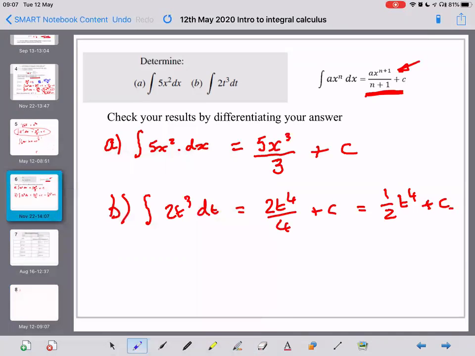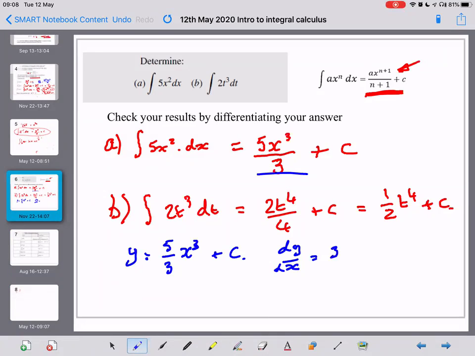We've got a function. This is the answer. So we've got y is equal to 5 over 3 x to the 3 plus c. When we differentiate, so dy by dx, we multiply by 3, don't we?